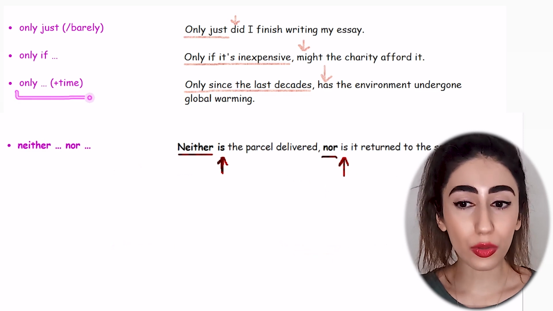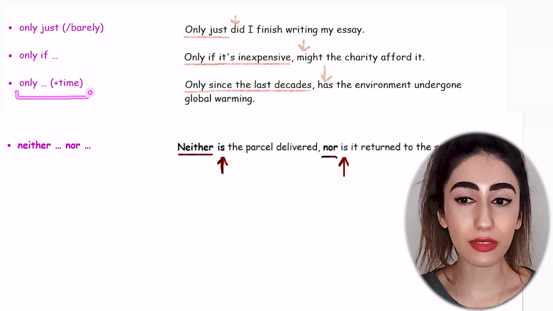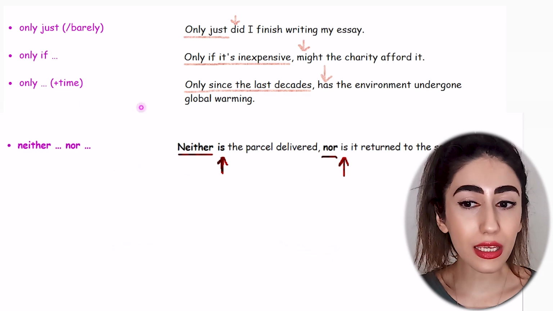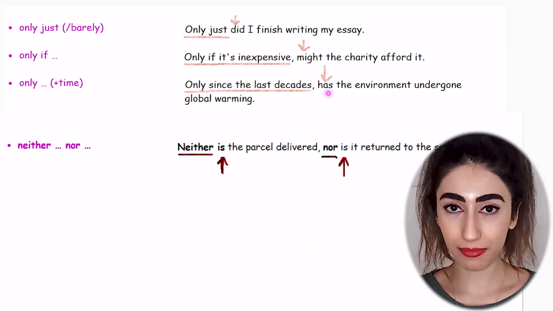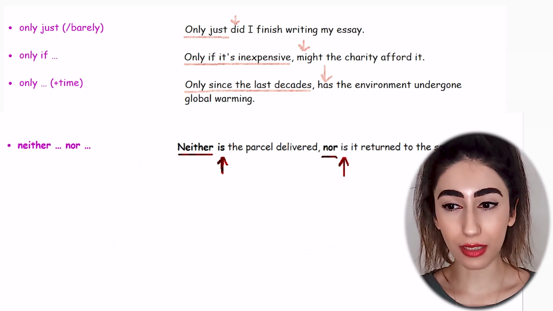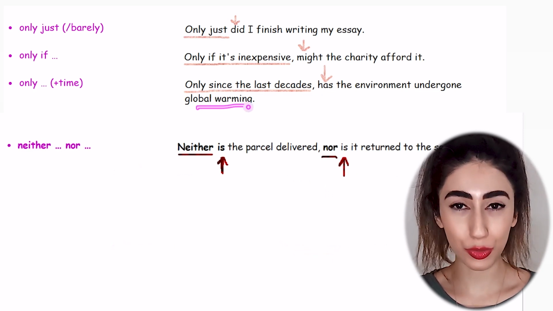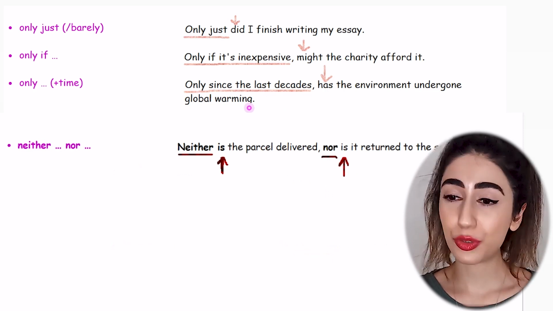Only if something, only if, for example, you come, will I come? Like that. And generally, only. If you use only at the start of a sentence, then you need something, then inversion. Only since the last decades has the environment undergone global warming. It's true, yeah? It's an unfortunately true case.